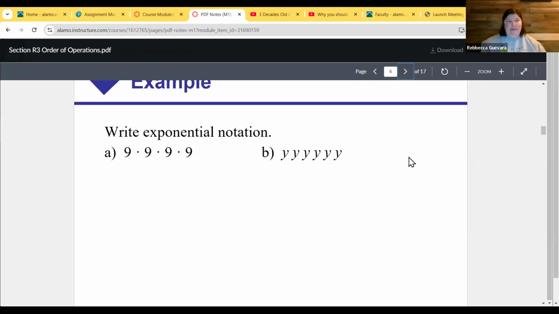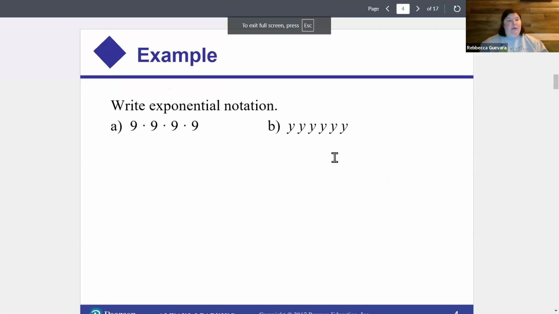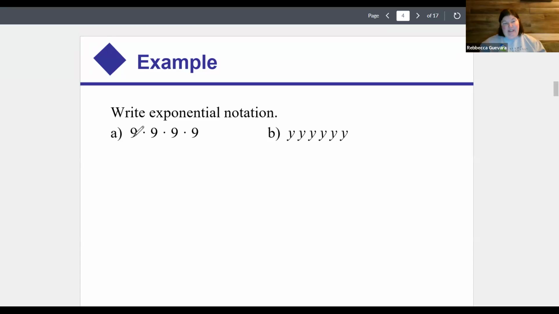Okay, so examples here. We just want to rewrite this as an exponent. If I have 9, we see we have 9 4 times, we would just say 9 to the 4th. We have y's here. Notice that I have my operator of multiplication here.